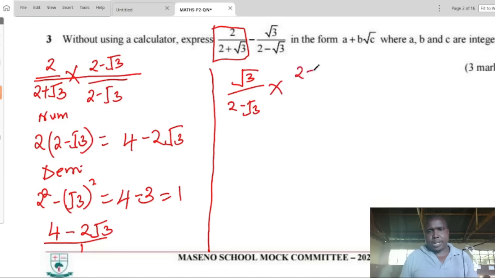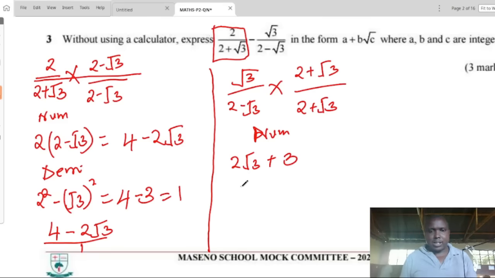We will have 2 plus root 3 divided by 2 plus root 3. Now we deal with the numerator first and finish. So the numerator is 3 root 3 times this. We will have 6 root 3, and then plus root 3 times root 3 is root 9, and that one is 3. So that is how the numerator looks. Then the denominator will be the same. We square this one, that is 4, minus the square of this, that is 3. So the answer is going to be 1.